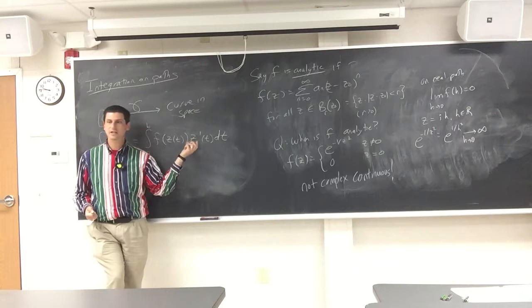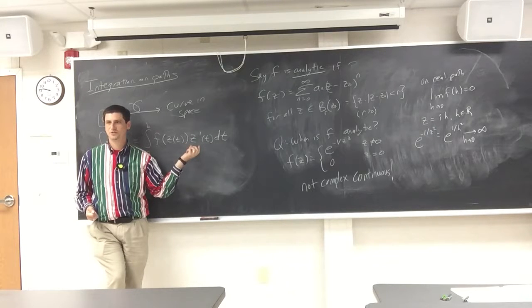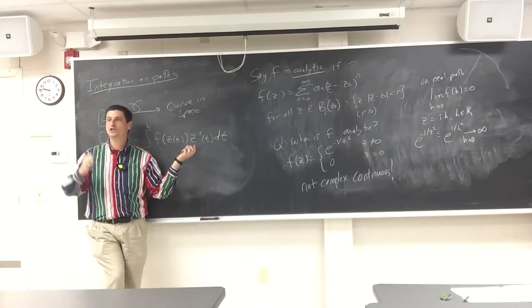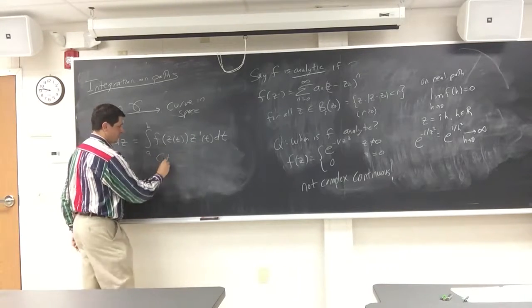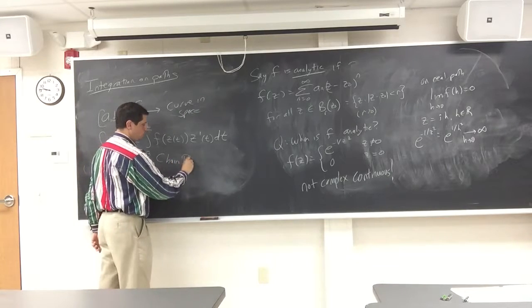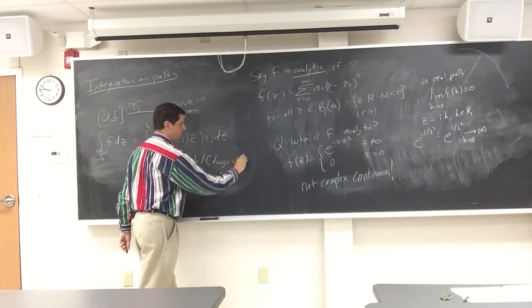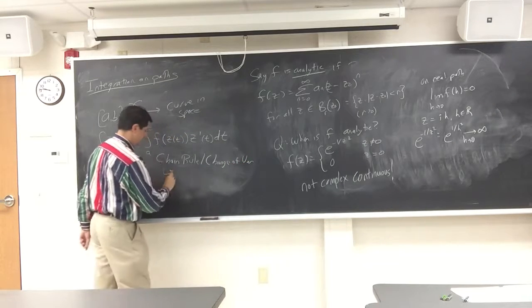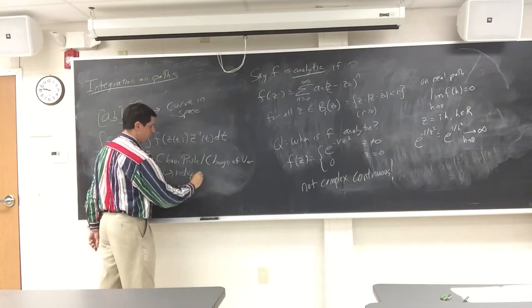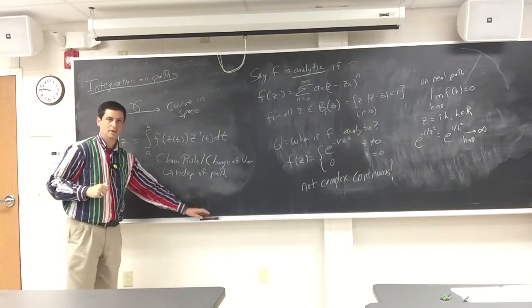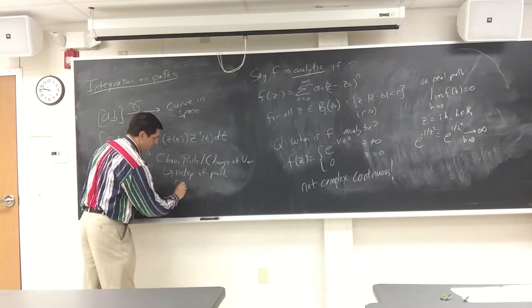Any thoughts what the key ingredient in the proof is? It's a Calc 3 result that is sadly often forgotten. Chain rule, change of variable. It's independent of the path, at least if same orientation.